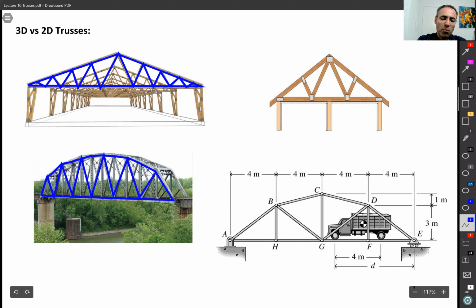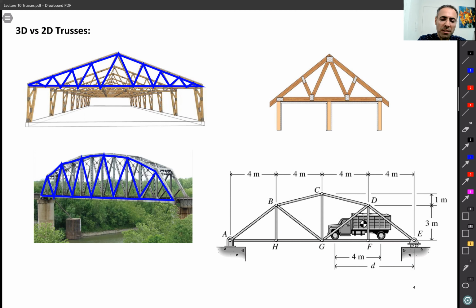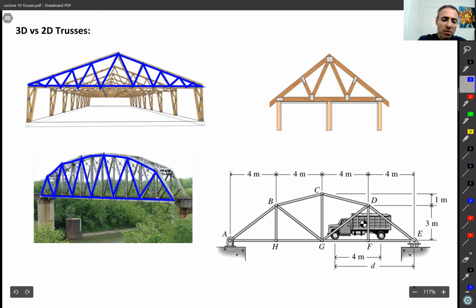So in other words, what we are going to deal with in 260 or even in future practice is going to be more like the example on the right side, like for this house, a 2D truss, or like this bridge, a 2D truss. And our plan is, let's say in this truss, when a truck is passing, it has a big weight.